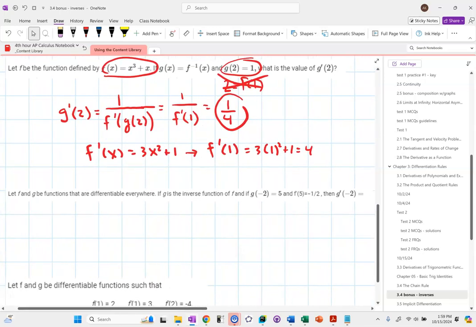Let f and g be functions that are differentiable everywhere. If g is the inverse function of f, and g of negative 2 is 5, and f prime of 5 is negative 1/2, what is g prime of negative 2?